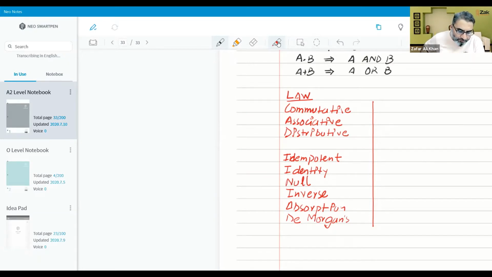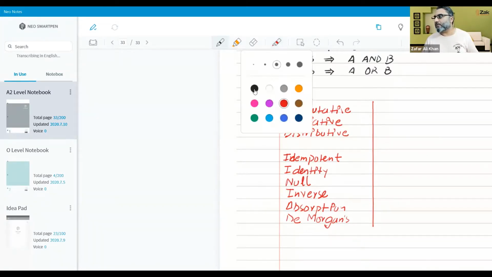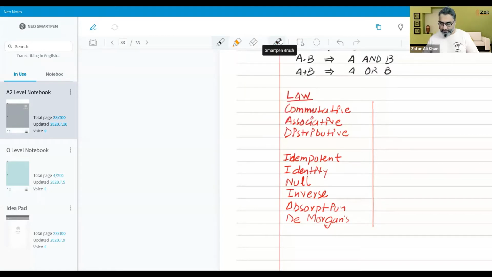Also note that in Boolean algebra 1 plus 1 is equal to 1 and 1 plus 0 is equal to 1. If we apply a double naught, that will become A. Remember your logic gate truth table that we did in AS. So let's first see what these laws mean and how they work. Afterwards we will be solving a few questions.